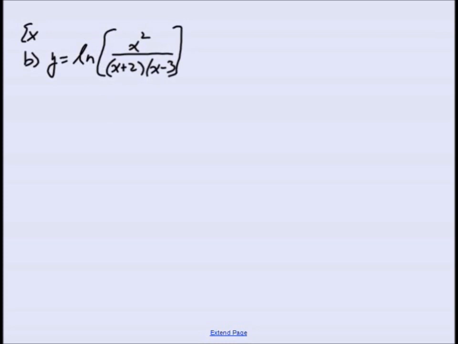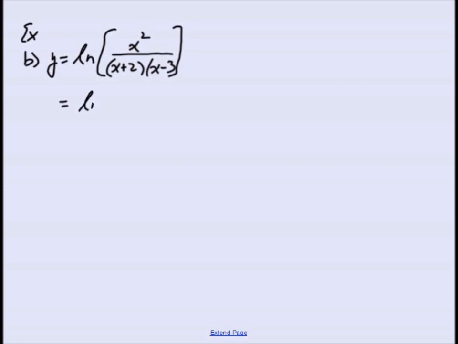And part B, still example 12. Y equals ln of x squared divided by x plus 2, x subtract 3. Okay, so you could do this out a long way by using the quotient rule, and then in the denominator you'll also have to use the product rule, or we can use our laws of logs and simplify this a little bit.